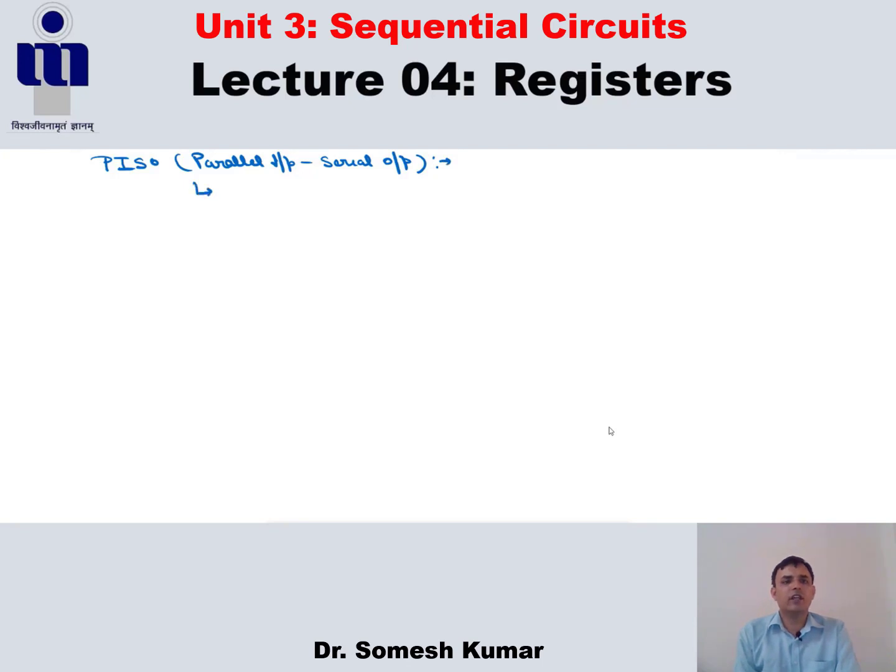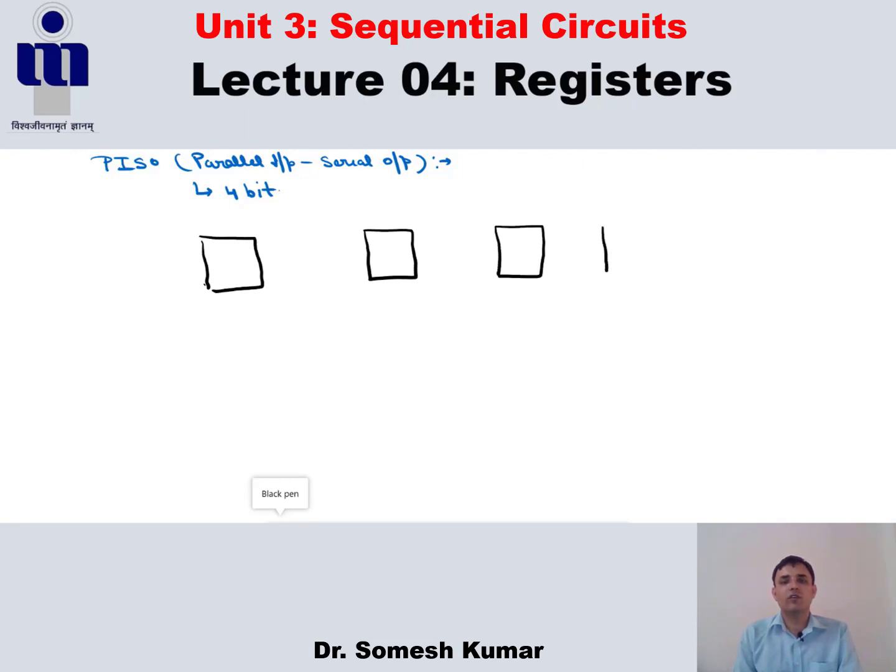As the name suggests, the input is given in parallel while the output we are getting serially. So this is the 4-bit PISO. Similarly, we need 4 flip-flops here: first flip-flop, second flip-flop, third flip-flop, fourth flip-flop.